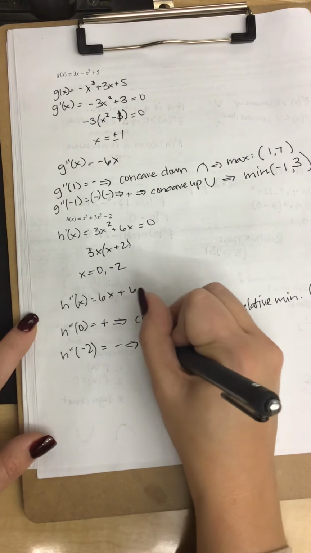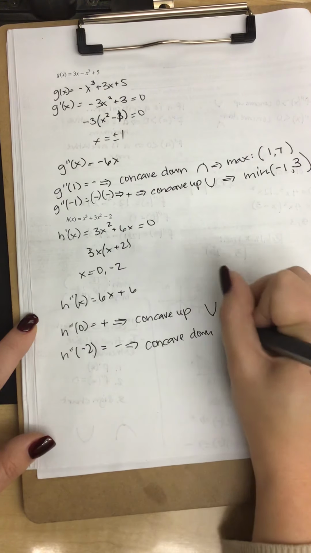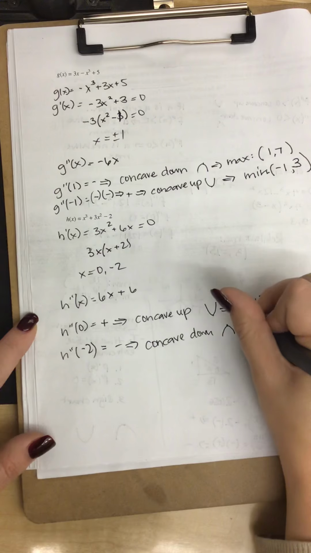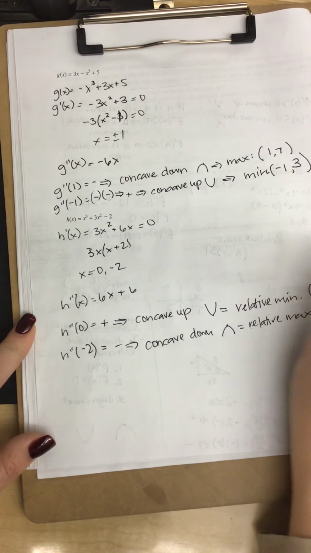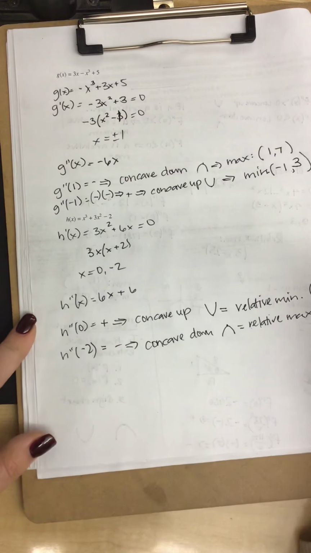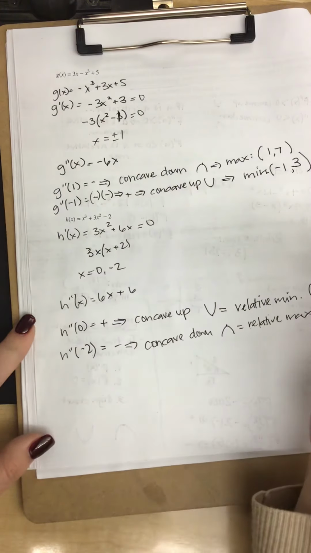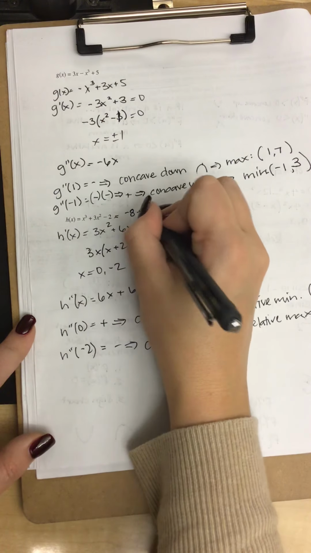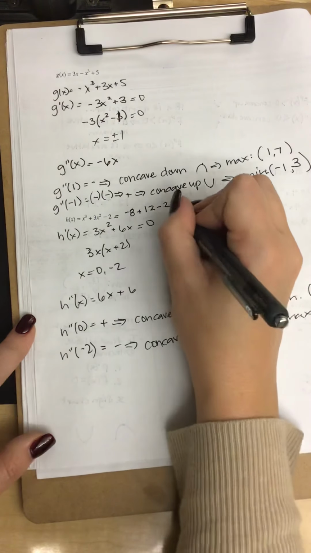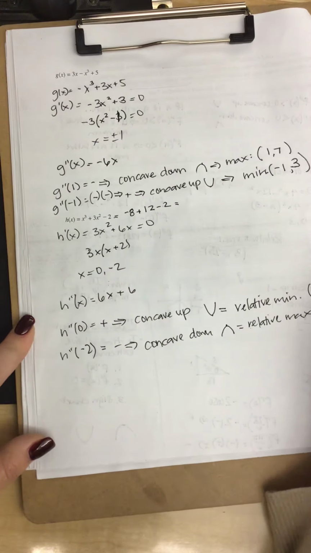Therefore, at that point, it's concave down, which looks like this. Thus, that must be a relative maximum, and that's my x value at -2. And then you plug in -2 to the original, so -8 plus 12 minus 2. That's going to be 4 minus 2, 2.